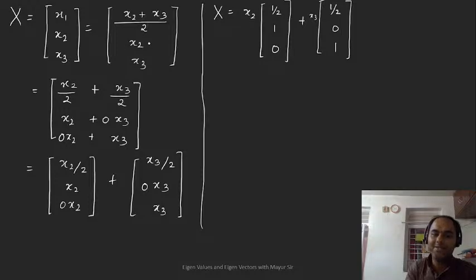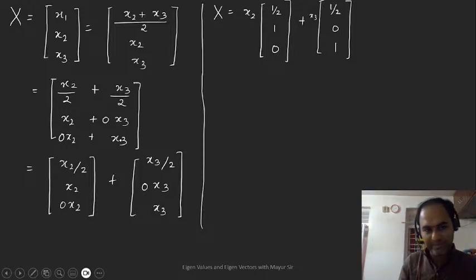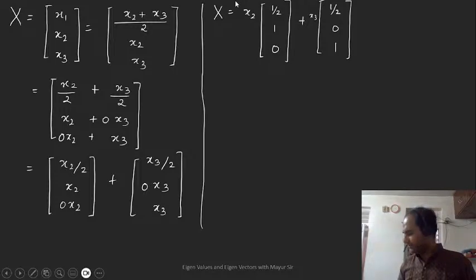Then x2 can be written as x2 plus 0x3 and x3 can be written as 0x2 plus x3, right? Then you treat this as matrix addition. When you treat this as matrix addition, two matrices will be separated. Then you take x2 common from the first one and x3 common from the second one. Got it?